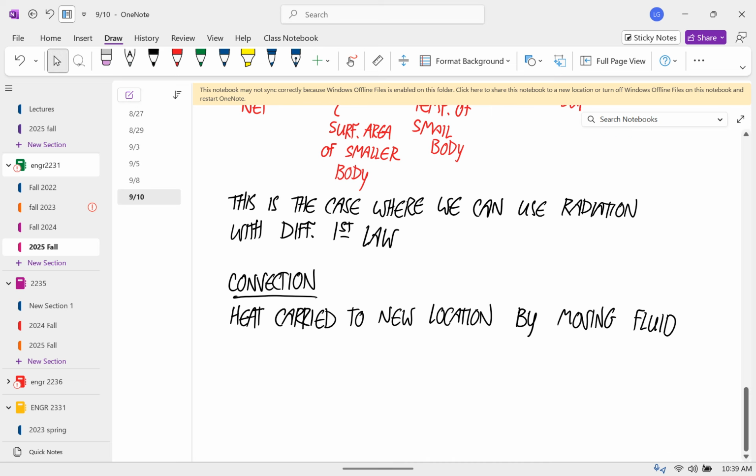An example of this is wind chill. Have any of you guys ever in a sport had to have an ice bath on your foot? Like you sprain your ankle, you have to put your foot in an ice bath or something.